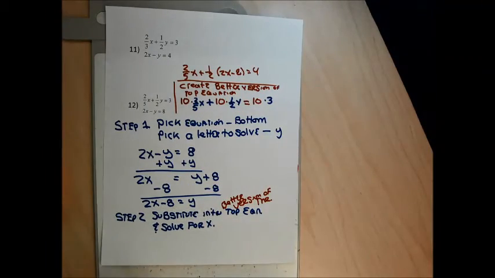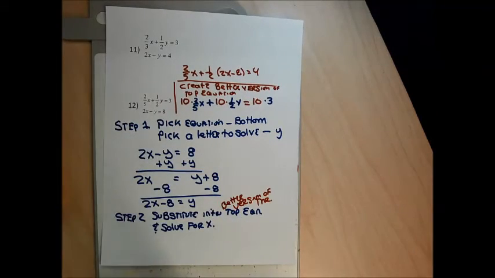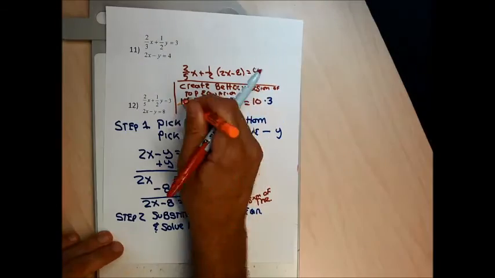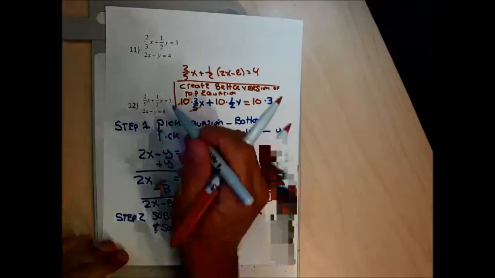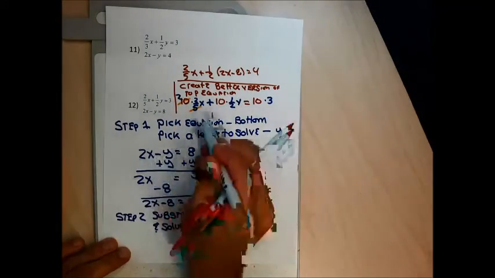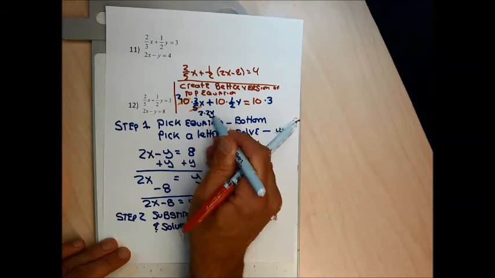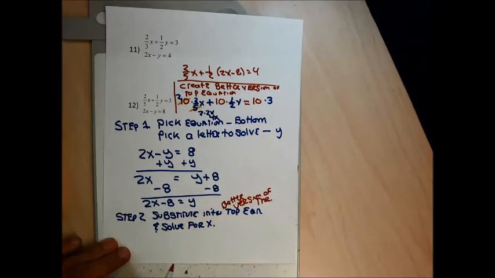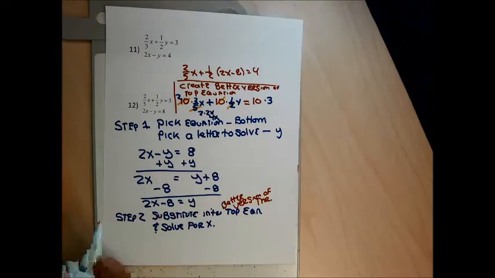Because 10 is the least common denominator between 5 and 2, multiplying by 10 is going to clear the fractions. The first canceling: the 10 is going to cancel with the 5 and become a 2. I'm going to be left with 2 times x, which is 4x. Second canceling: the 10 is going to cancel the 2. The 2 is going to turn into a 1.